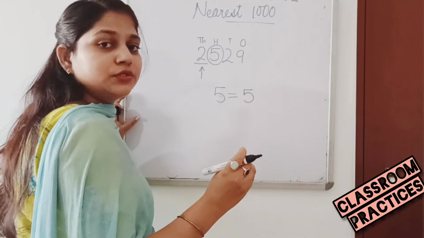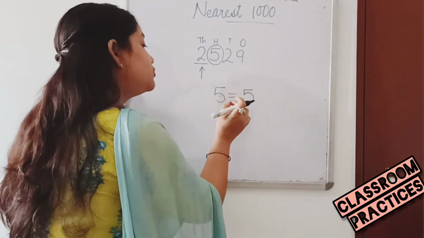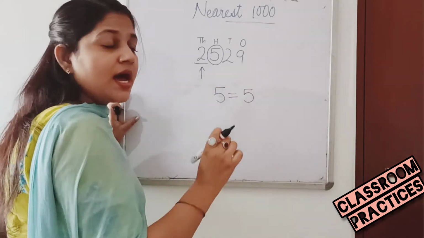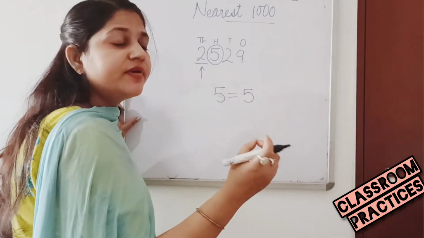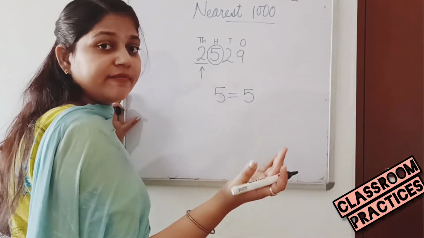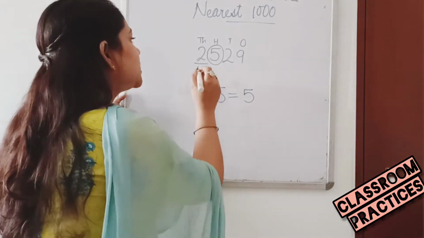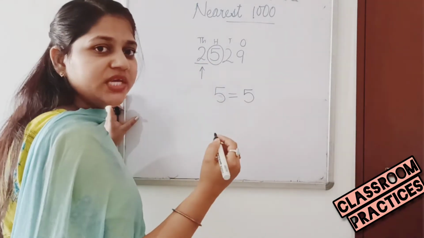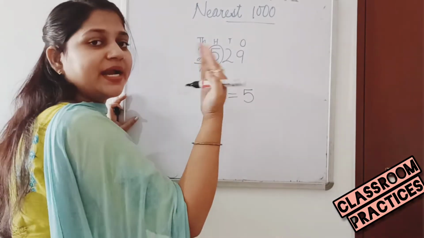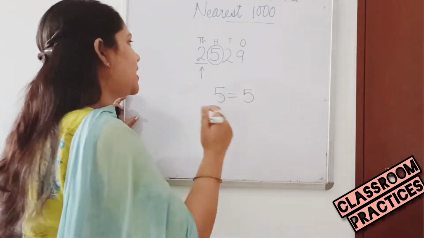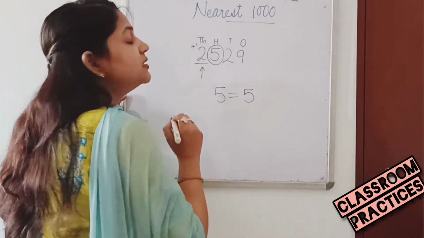So what are we going to do? If you remember the rule कि you have to compare with 5. अगर 5 हो या फिर 5 से अधिक हो, if it is 5 or greater than 5, then we are going to change the thousands place. But क्या change करेंगे? Thousands place का digit एक बढ़ा देंगे. We will increase it by 1. Means +1, यानी 2 and 1 कितना हो गया? 3.